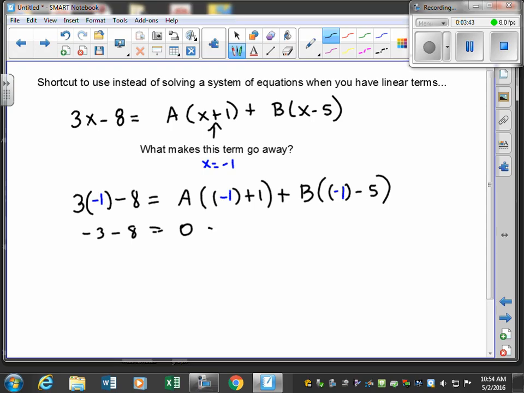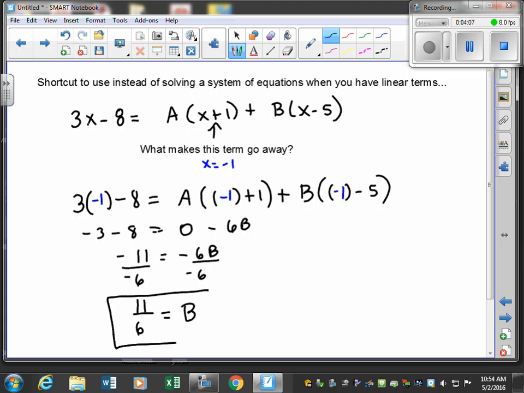That'll be -6B. So we'll have -11, excuse me, getting ahead of myself. That is equal to -6B. And then if we solve for B, divide both sides by -6, and 11/6 is equal to B.